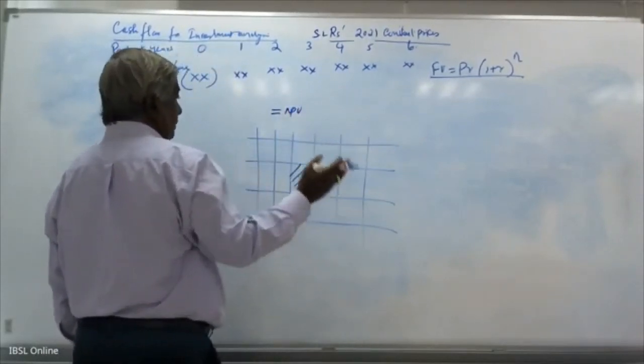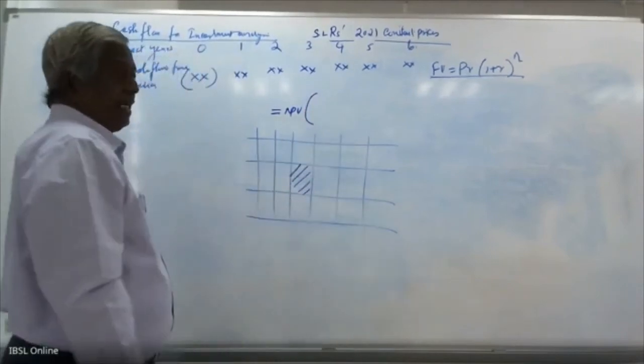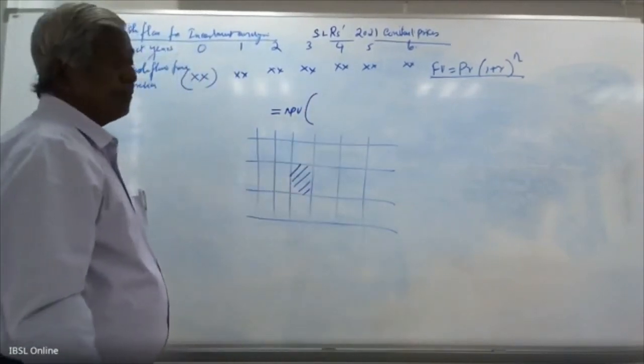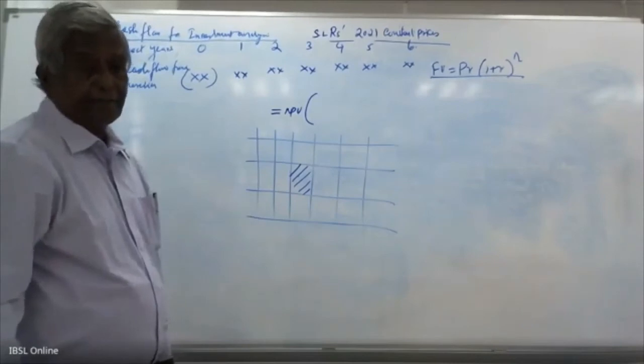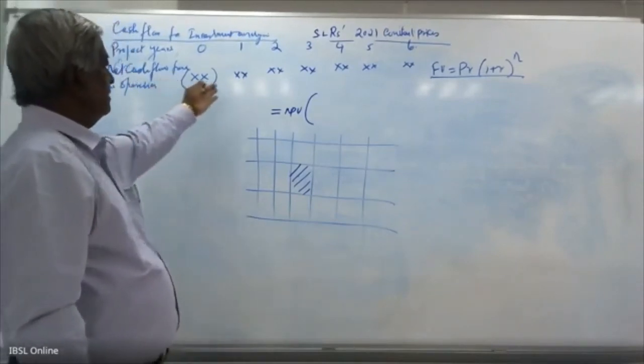Then the computer will prompt you what to do. Bracket, NPV and bracket. And the computer will ask you what is the range.